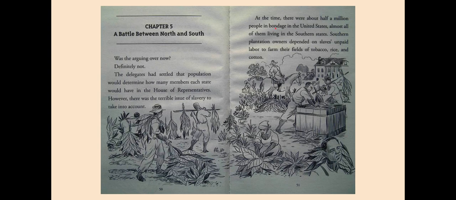It was another way of saying somebody living as a slave. So I'll restart. At the time, there were about 500,000 people in bondage in the United States, almost all of them living in the southern states. Southern plantation owners depended on slaves' unpaid labor to farm their fields of tobacco, rice, and cotton.